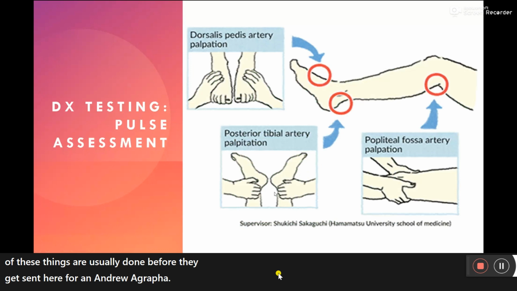So we're talking about pulse assessment. Usually, again, in the cath lab, our big things, if we're doing a femoral stick or a radial stick, we're going to check your dorsalis pedis, your DPs, which is on top of your foot, and your posterior tibials, which is on the inside of your ankles, kind of behind the ankle bone. I encourage you to check your pulses.